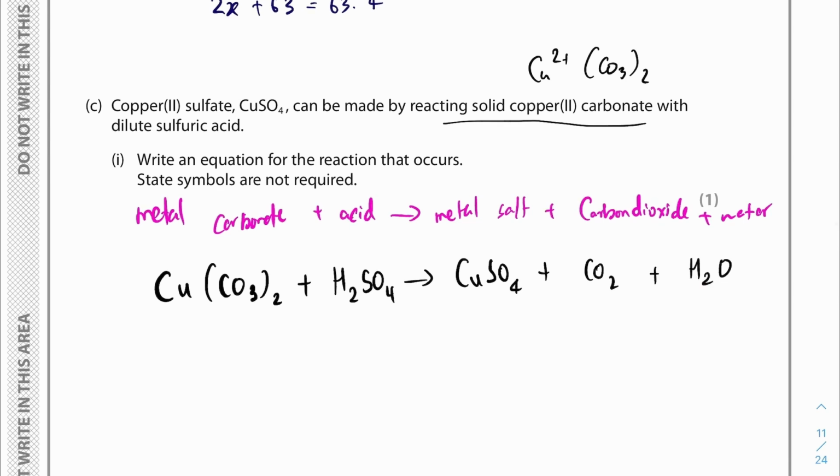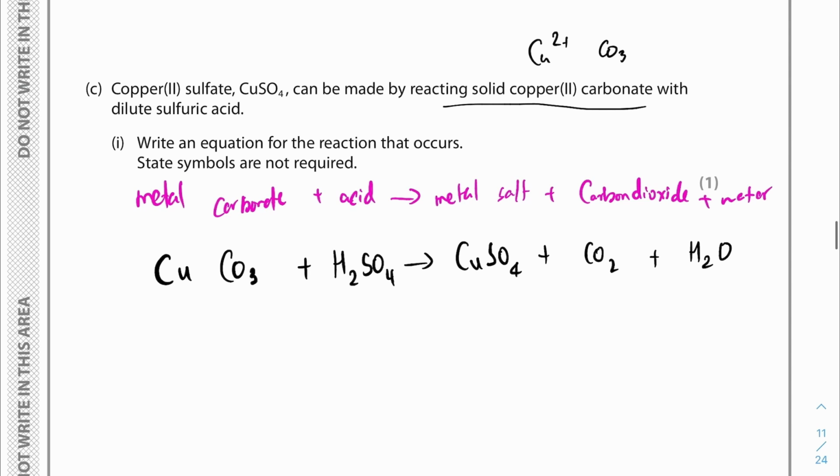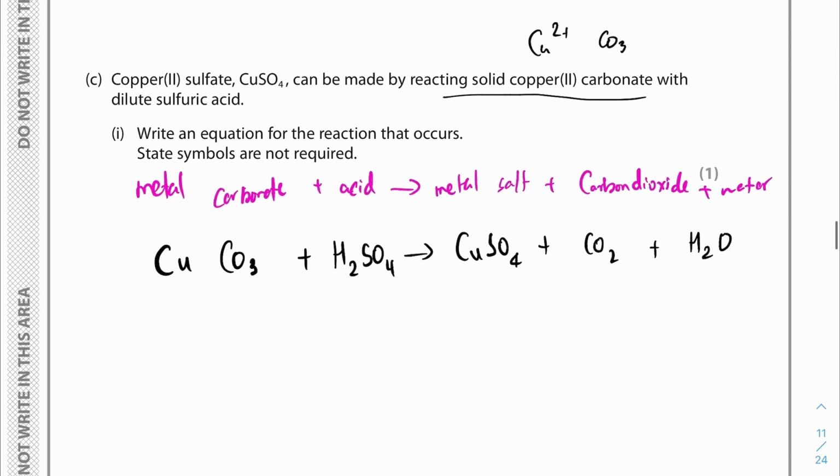Now is this balanced? Actually, copper carbonate is already 2 minus, isn't it? So let's get rid of that. So copper carbonate is CuCO3, and this is the equation: CuCO3 plus H2SO4. So this is the equation to get the 1 mark.